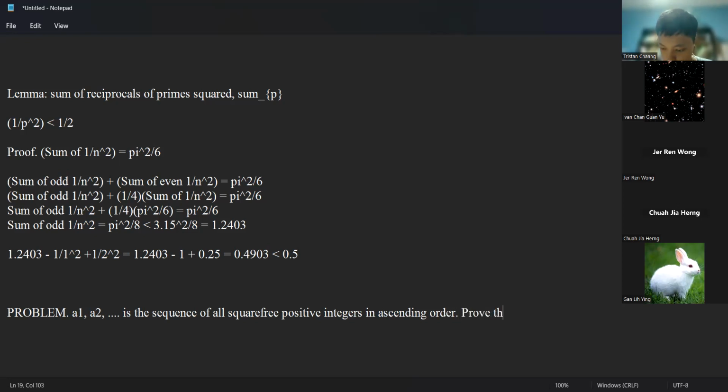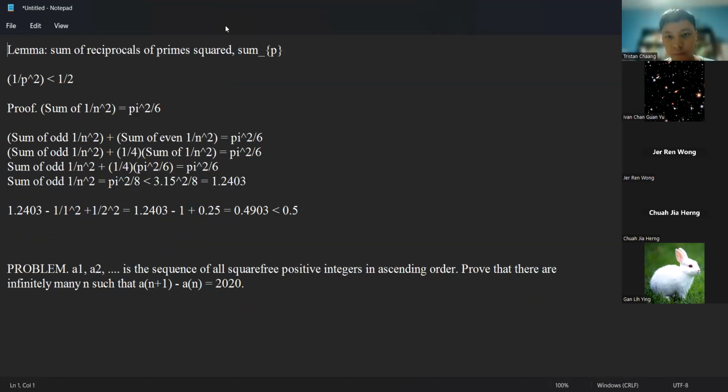Prove that there are infinitely many n such that an plus 1 minus an is 2020. So square free means it doesn't have a square factor, it's just a product of distinct primes. That means square free.